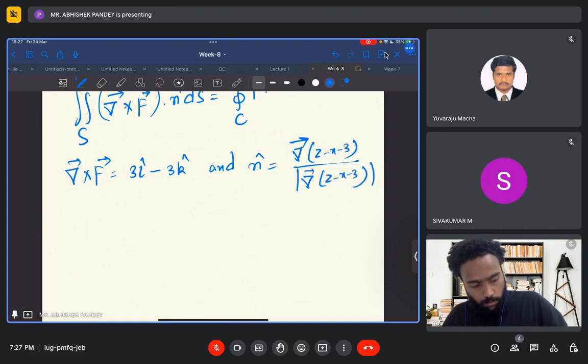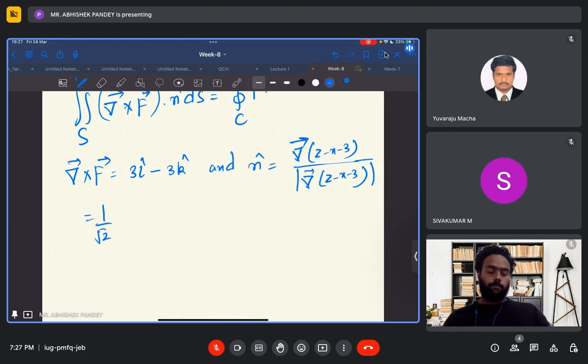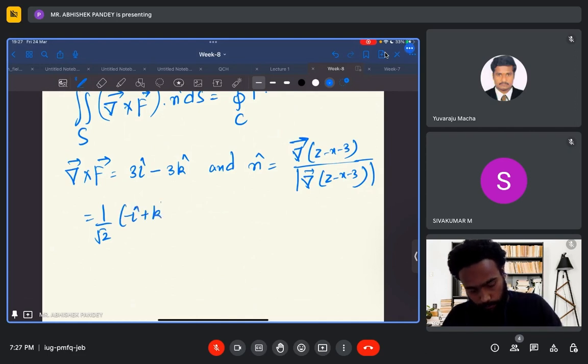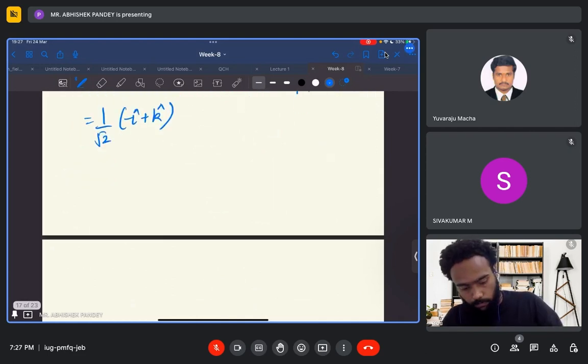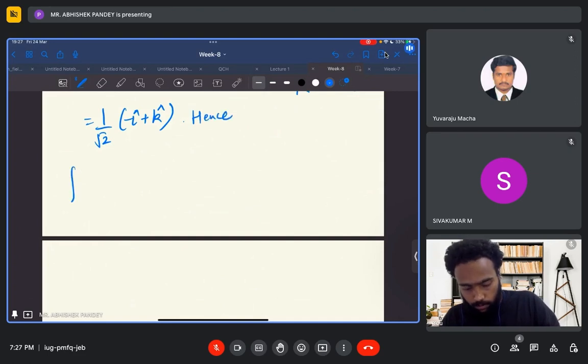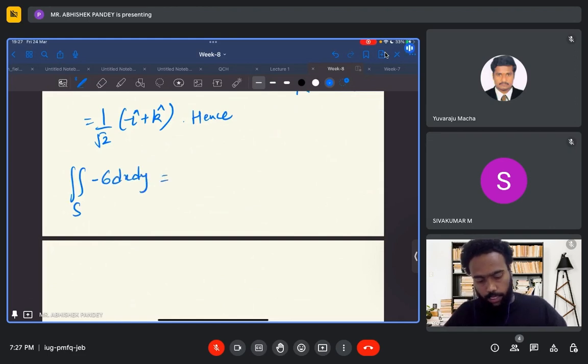Okay, and this you will get 1 by root 2 times minus i cap plus k cap.